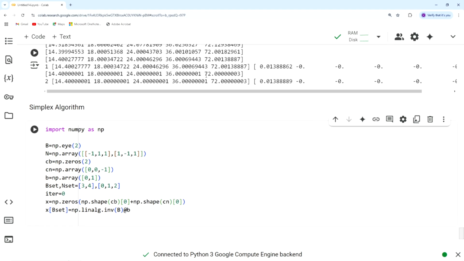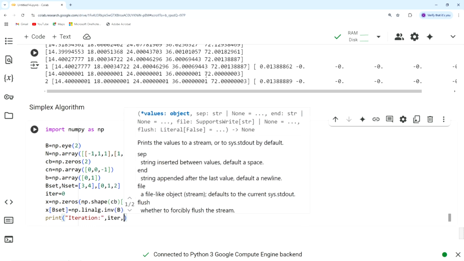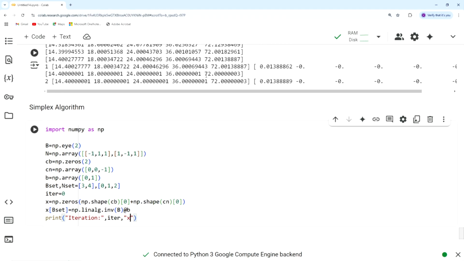Okay. The others are anyway 0. So, I will print the iteration. Which iteration are we in? That is of course 0, but nevertheless, and the next one is x. Okay. So, this print is just to track where we started.